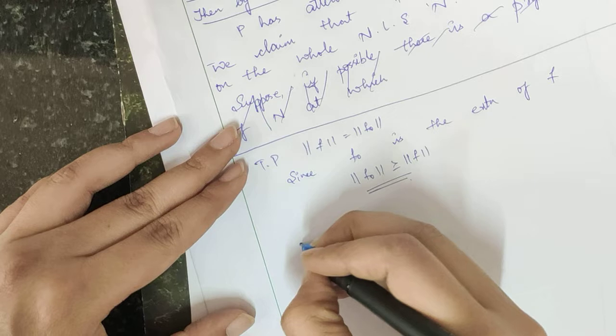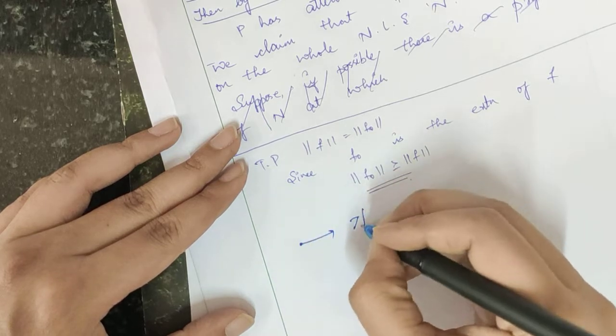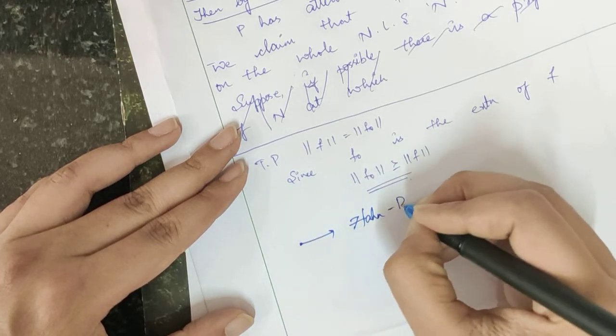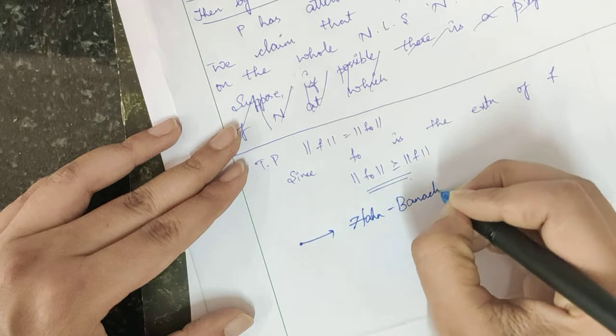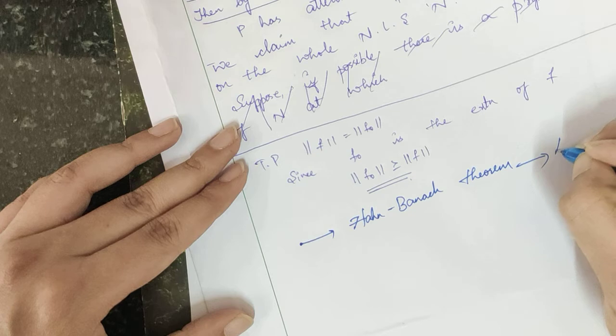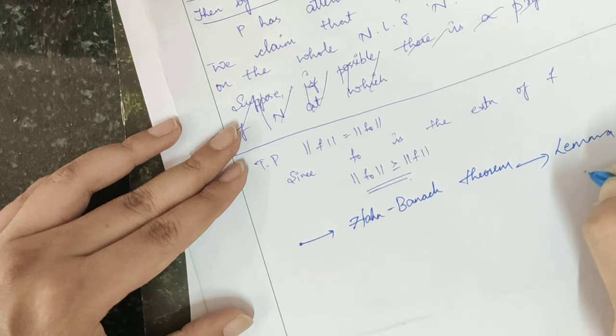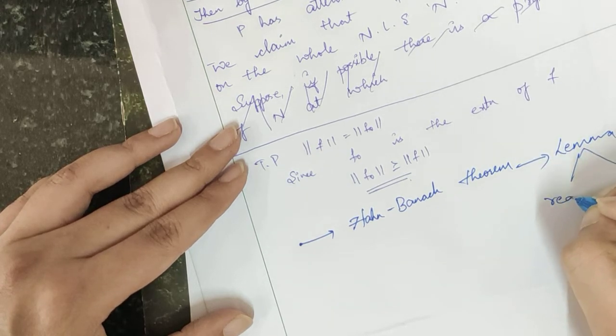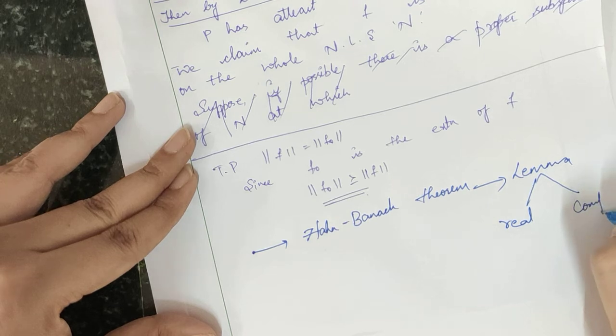So basically there are three points. One is, in order to prove the Hahn-Banach theorem, you have to prove the lemma. In the lemma we have two parts, one is real and another one is complex.